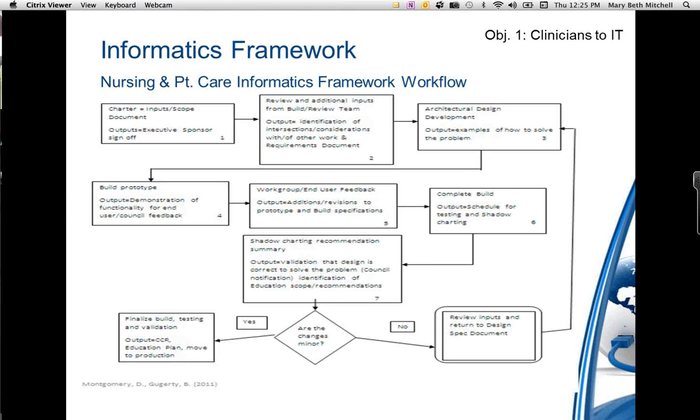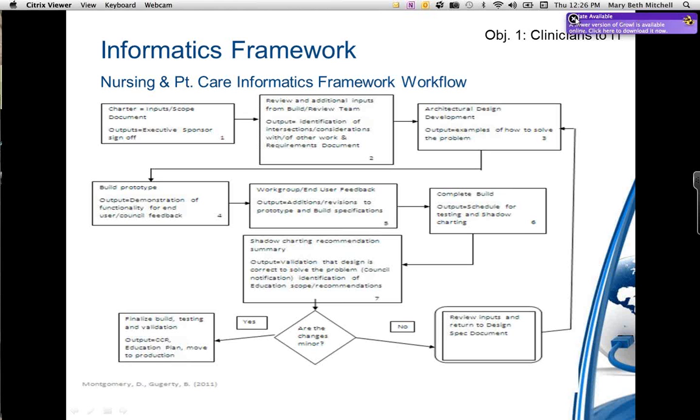Here we call it shadow charting, which really is just a similar term, except it encompasses a review of current policy, making sure nothing's changed since we have a new build, and looking at the workflows, getting feedback from the end user community to make sure that we got it right and that our clinicians are understanding the changes and giving us feedback that, yeah, we got it right and this looks good.